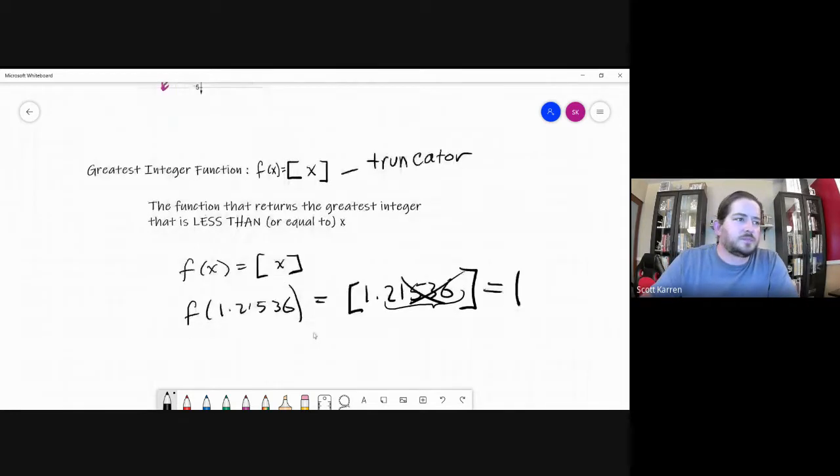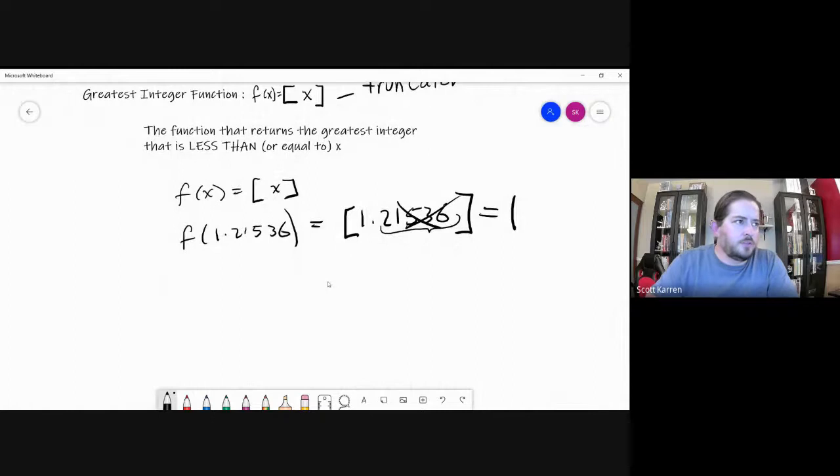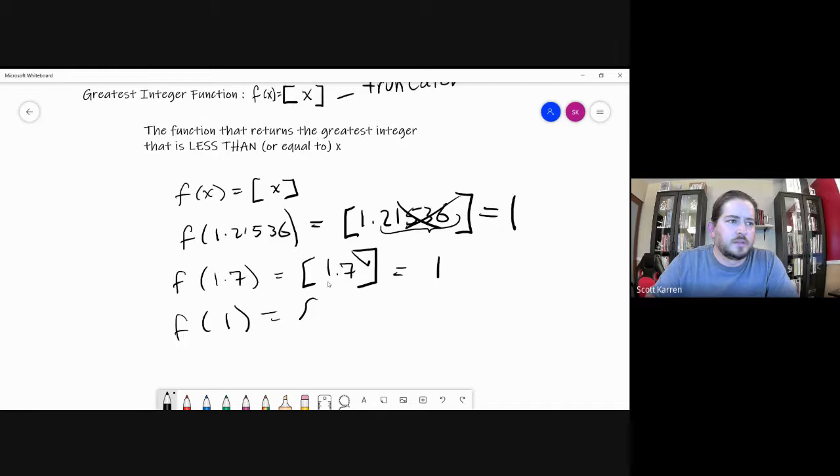So f, in this case, let's say f of 1.7, right? The greatest integer is the largest integer that is not greater than this, and therefore that's also 1. Okay. F of 1, greatest integer, is 1.